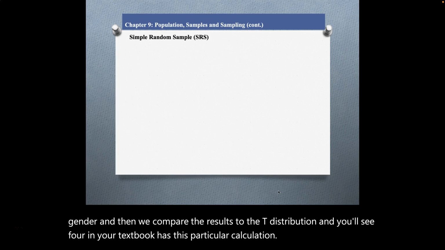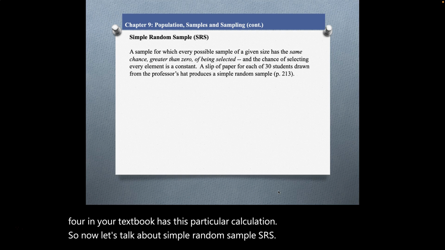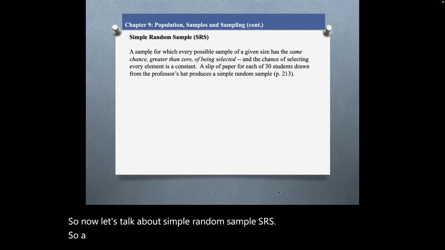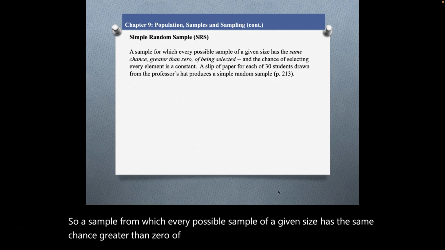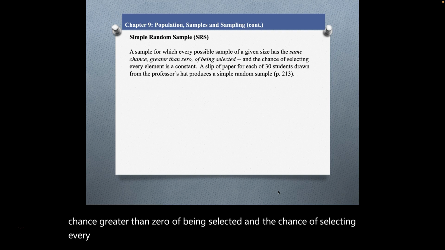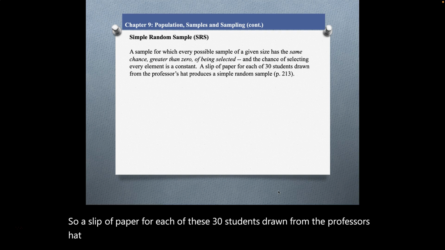Now let's talk about the simple random sample, SRS. It is a sample in which every possible sample of a given size has the same chance, greater than 0, of being selected, and the chance of selecting every element is a constant. A slip of paper for each of the 30 students drawn from the professor's hat produces a simple random sample.